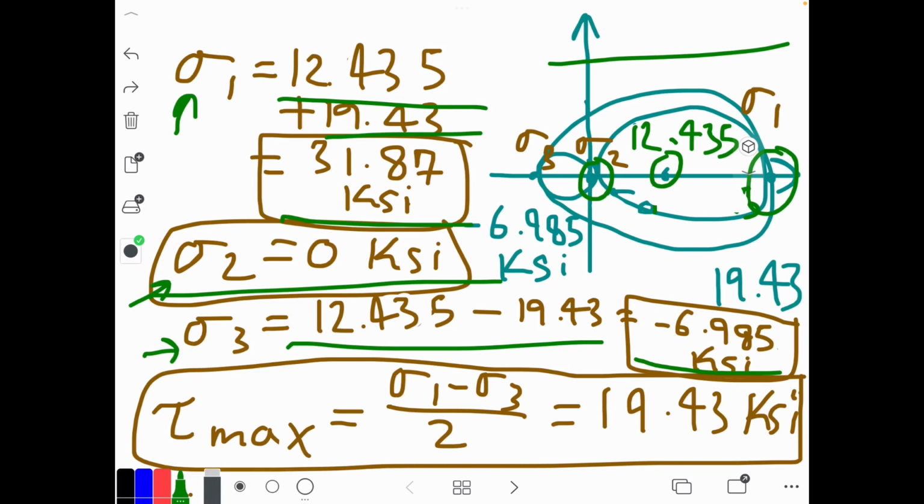Usually when we subtract the radius from the center, that's our sigma 2, but that is in the case where sigma 2 is positive. In this case, 12.435 minus 19.43 gives us negative 6.985 ksi.